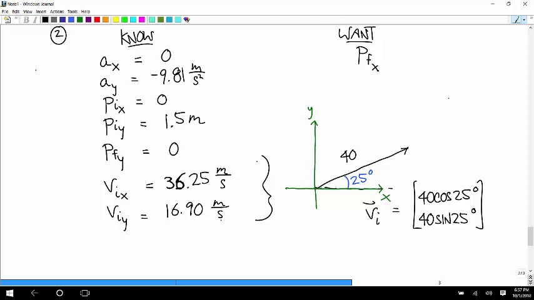And then what about the final velocity? Do we know anything about that? No, and actually, there is one thing that you'll recognize in problems like this. We're going to pretend we don't know anything about it because it makes the equations work out better. But it turns out that since there's no acceleration in the x direction, there's no change in the horizontal component of the velocity, in the x component of the velocity.